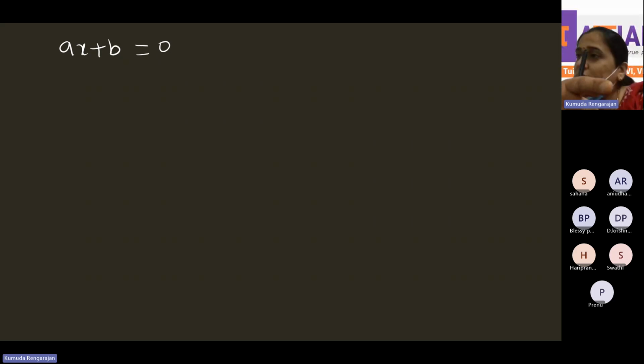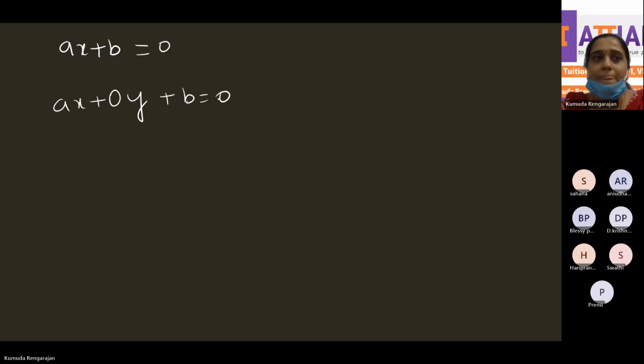Now, the same linear equation in one variable x can be treated as a linear equation in two variables x and y. Then it will look like ax plus 0y plus b is equal to 0. You introduce that y, like supposing you have 3x minus 7 is equal to 0, then 3x plus 0y minus 7 is equal to 0.